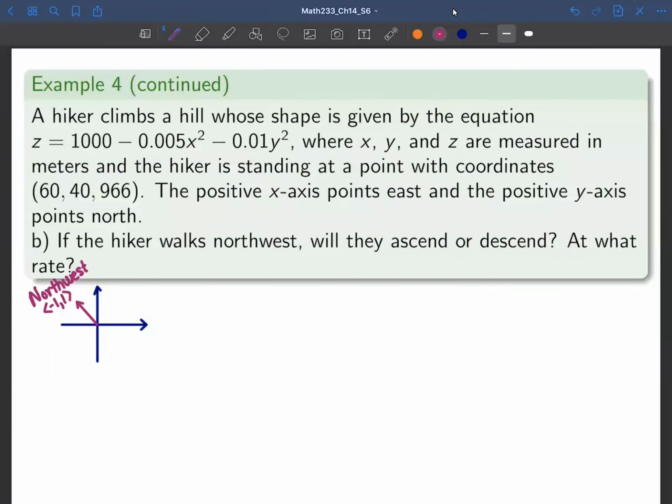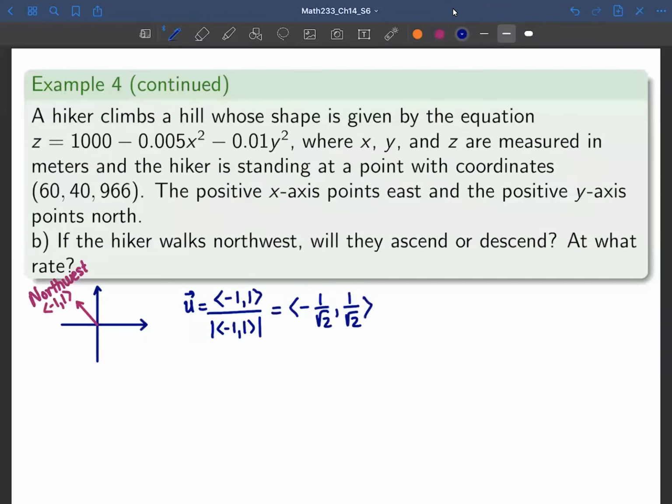Since this is not a unit vector, we can find the unit vector that points in the same direction. The unit vector would be equal to the vector -1, 1 divided by the magnitude of the vector -1, 1. So that would be the vector with components -1 over square root of 2 and 1 over square root of 2.